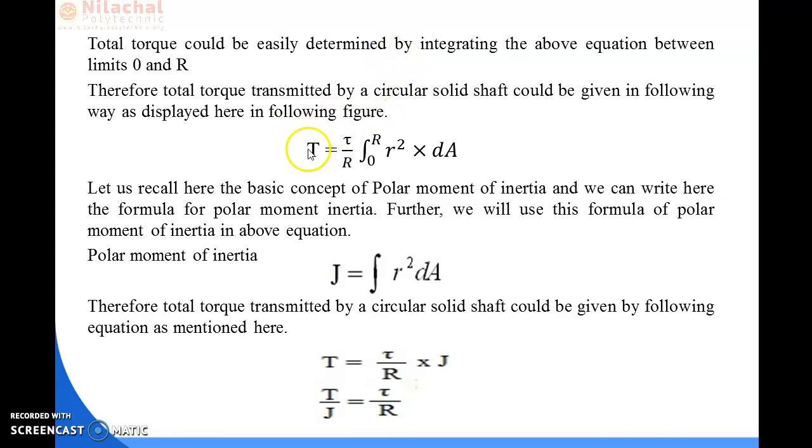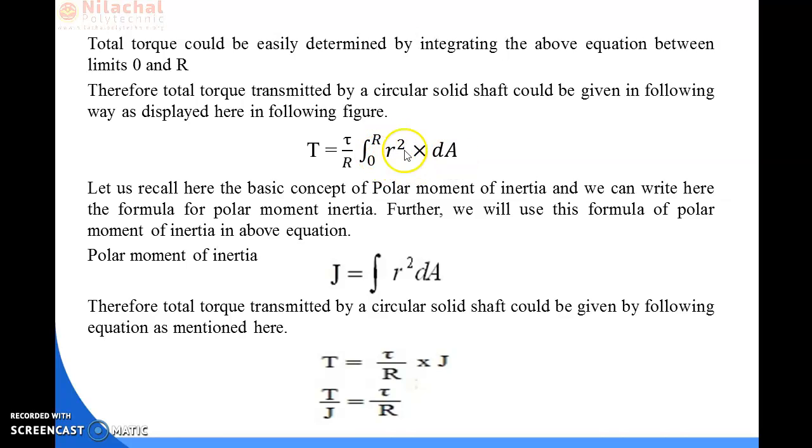So now T is equal to tau by R, which is the common factor, so we separate this from the integration part, and then integrate from 0 to capital R, and here we have already put r square into dA.